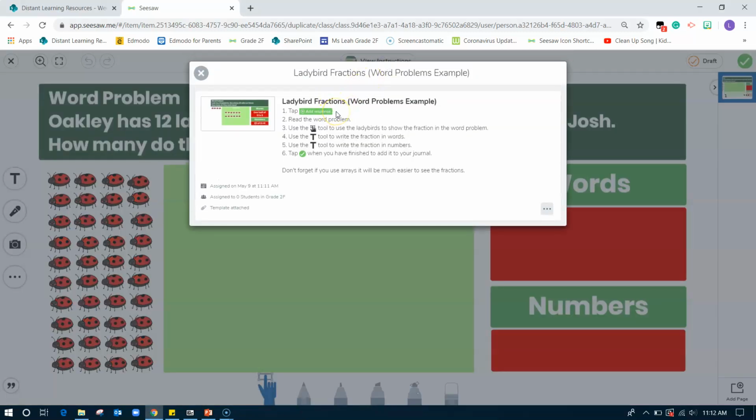So once you've added your name, you're going to read the problem, use the move tool to use the ladybirds to show the fraction in the word problem, then use the label tool to write the fraction in words, use the label tool to write the fraction in numbers, and then tap the green check when you have finished to add it to your journal.